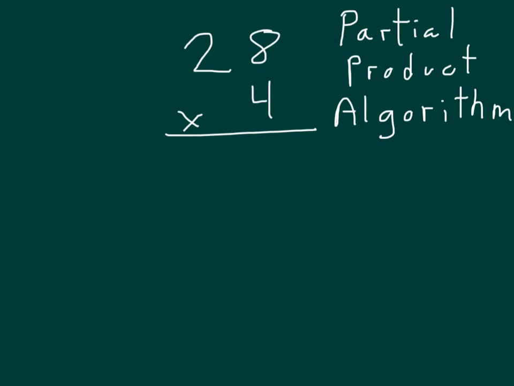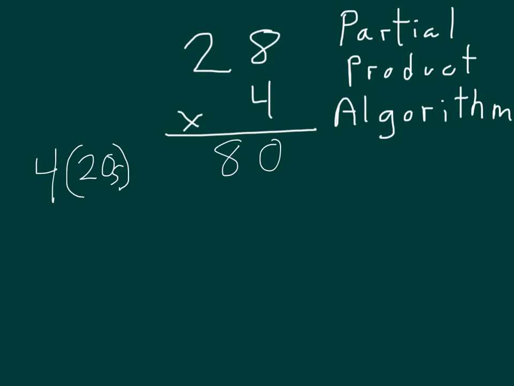Now we're going to solve the same problem using what's called the partial product algorithm. This is a multiplication method to solve this multiplication problem. As we can see, we have 28 multiplied by 4. So what you can do over on the side, you can write 4 20s, because that's what you're multiplying, 4 20s, and that's going to equal 80.